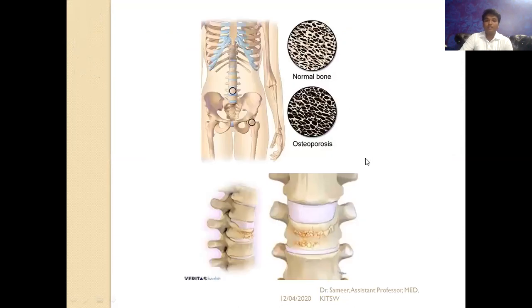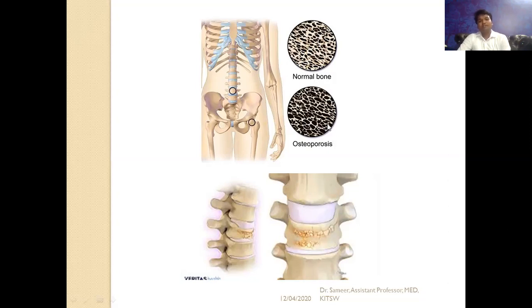If we analyze the situation here in this slide, we can see that osteoporosis is a condition where the bone is of porous nature. In normal bone condition, the pores are dense, and we can see the density of the bone is more, and it can withstand high loads.